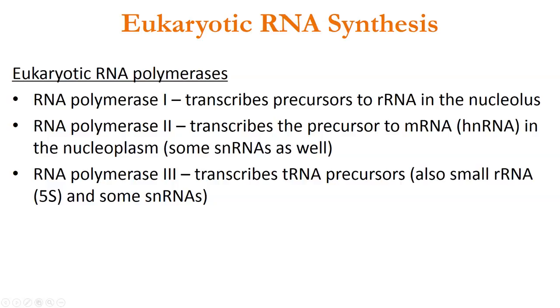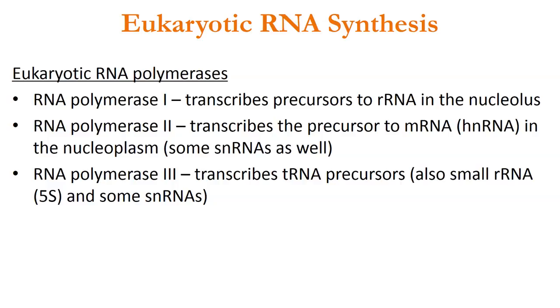Now you'll notice I've given you a little bit more detail just to be complete. RNA polymerase 2 actually does transcribe some snRNAs, and I'll explain what those are a little bit later. And RNA polymerase 3 also does transcribe one of the ribosomal RNAs and some snRNAs, but that's just an aside to be complete, so that if you do some additional reading, you don't come back to me and say, hey, Dr. Lucia, I found this information that says this.